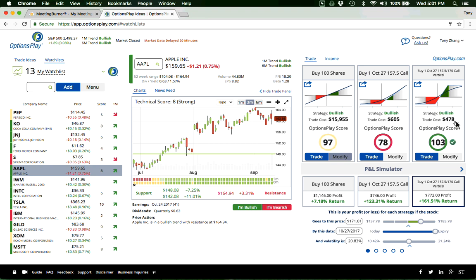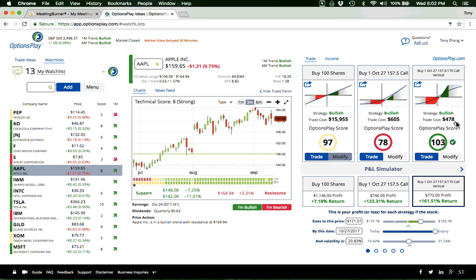This is essentially looking at your potential opportunities for reward and risk on each strategy within a predefined range. So instead of saying that the stock's going to go to zero, the stock's going to go to infinity, we assume that the stock's going to stay in a reasonable range, and we calculate the risk reward of each strategy within that range, and that's what the options play score tells you.